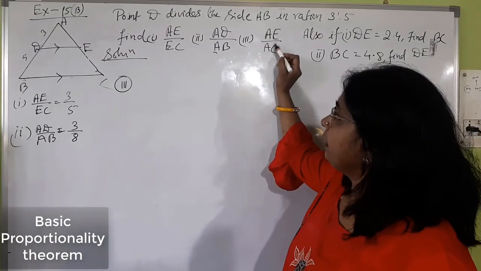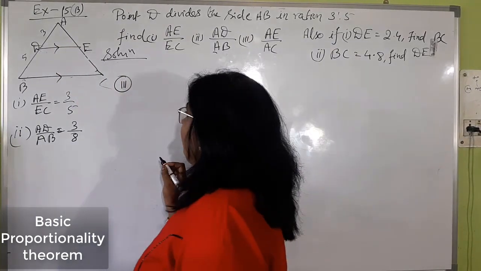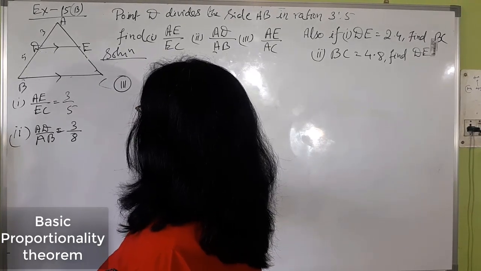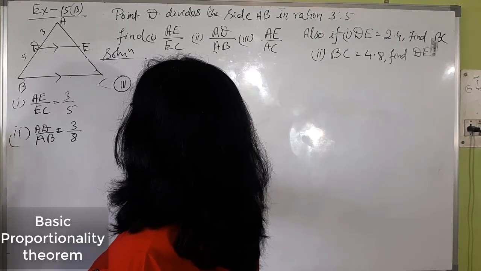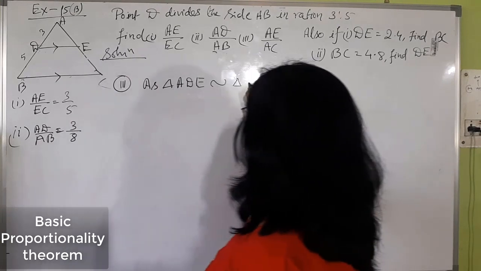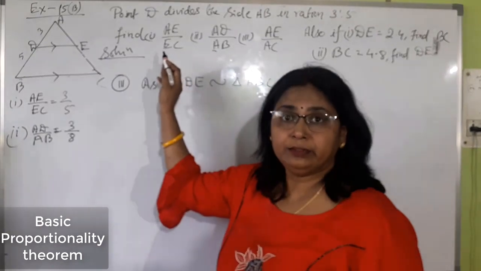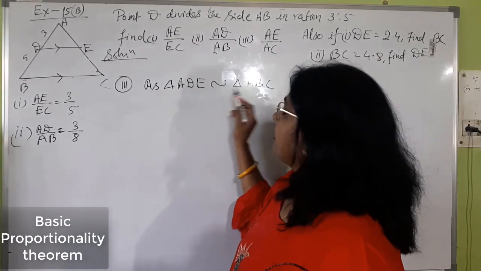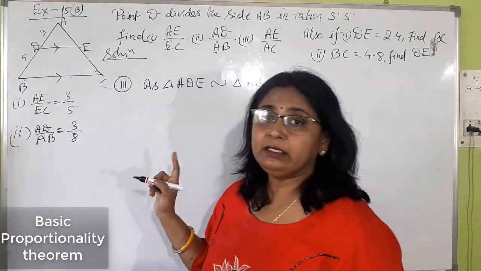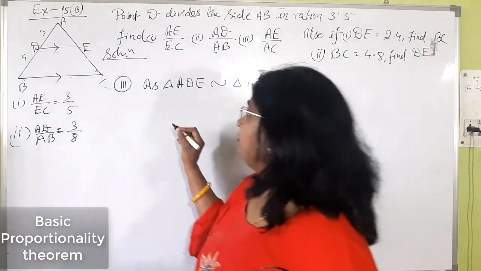Now the next: AE by AC. As triangle ADE is similar to triangle ABC, in the first number I already proved both triangles are similar. So by the similarity postulate their sides are proportional.